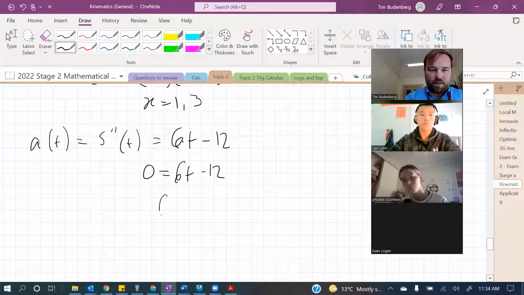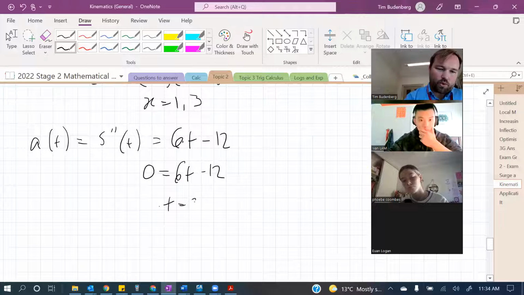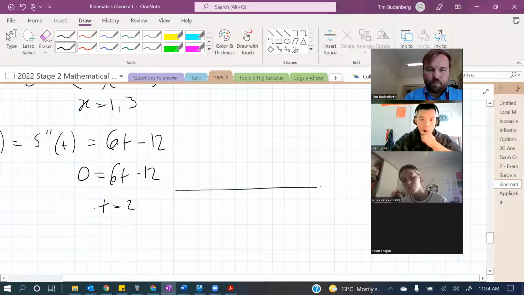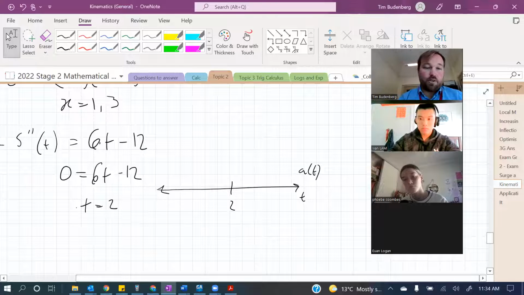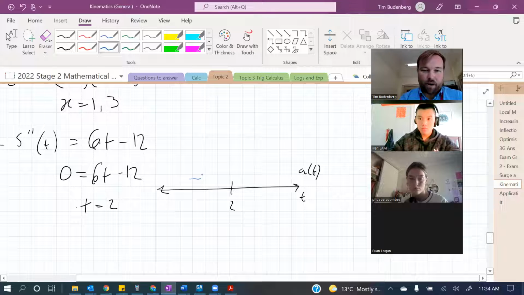Solve for t: 6t equals 12, so t equals 2. So our sign diagram, and this is for time t: we can sub in a value less than 2, say 1, and it's going to be negative. And if we sub in a value greater than 2, it's going to be positive.